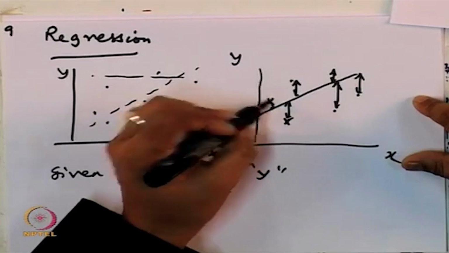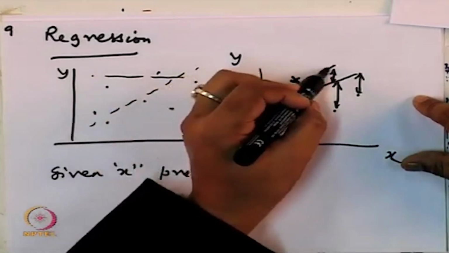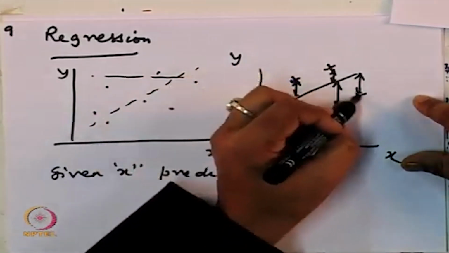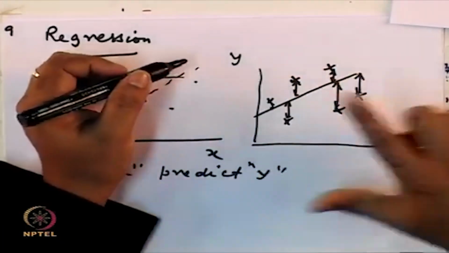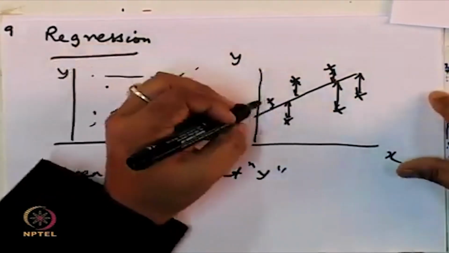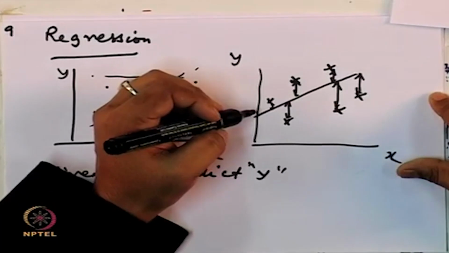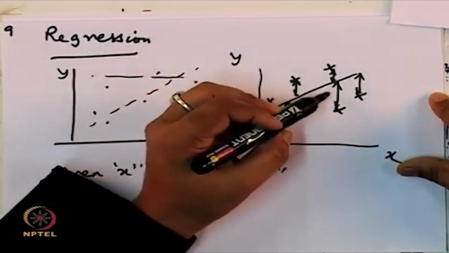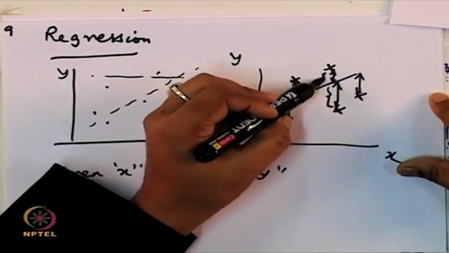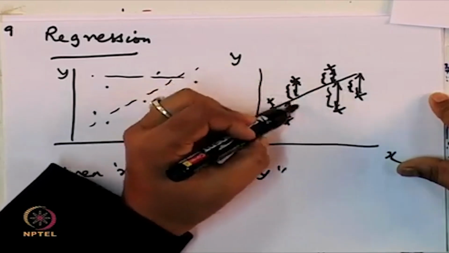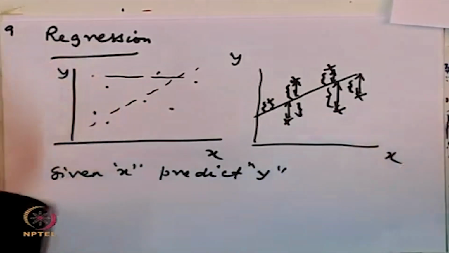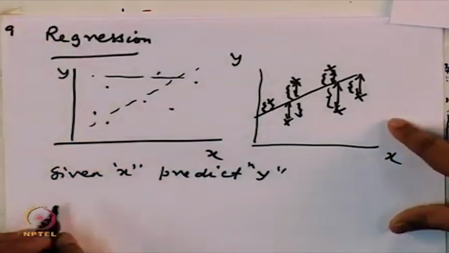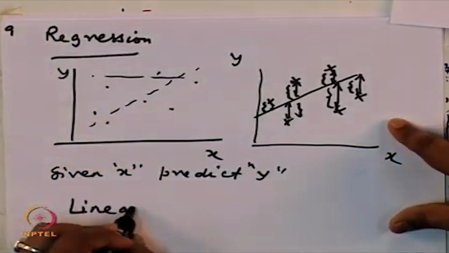So, these are your actual values, and this is the predicted line, right. So, what you want to know is, can I draw a line such that the sum of these errors which accumulate from the prediction is minimized, and that is what is done in linear regression.